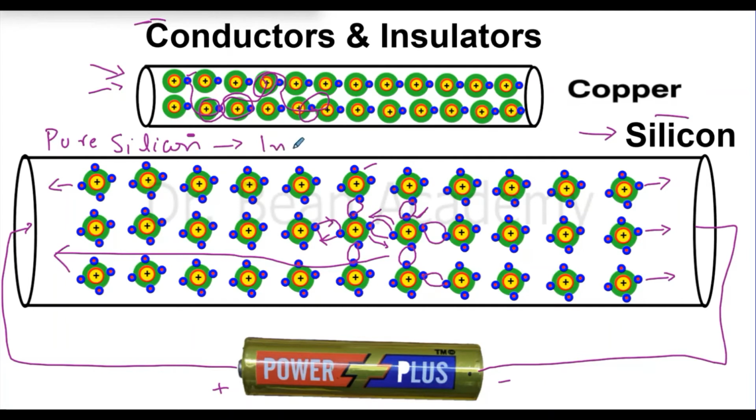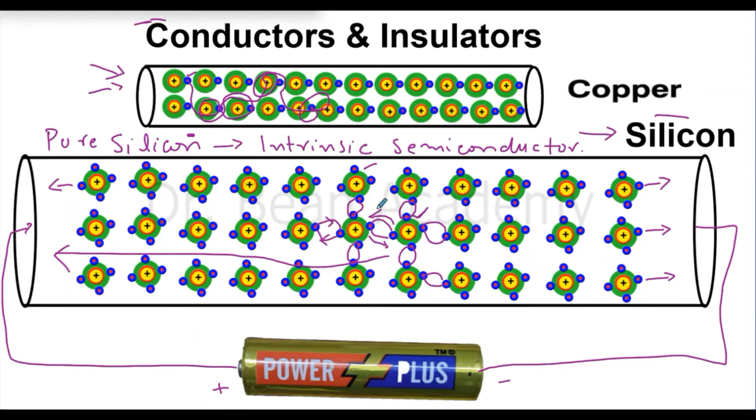Silicon is a semiconductor. So I can write it as intrinsic silicon or intrinsic semiconductor. So this is intrinsic semiconductor. Intrinsic semiconductor is made of pure material of silicon or germanium or whatever under consideration.